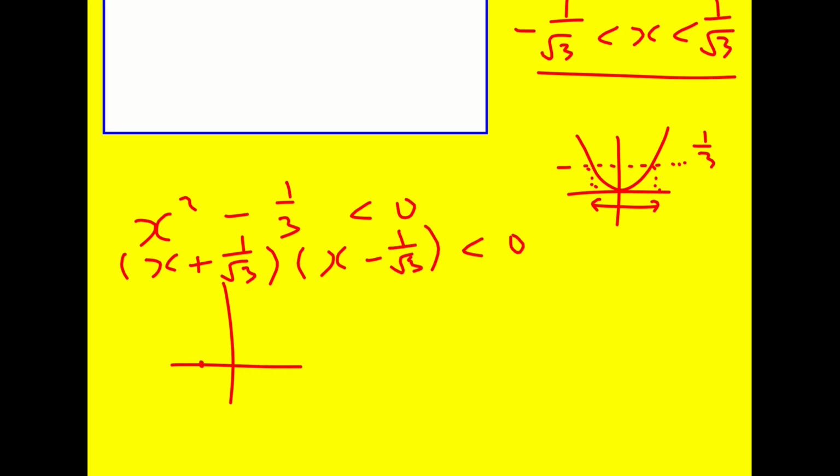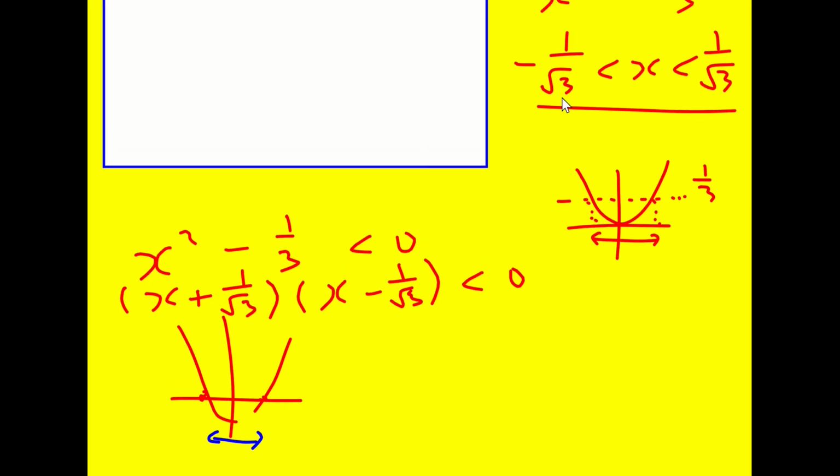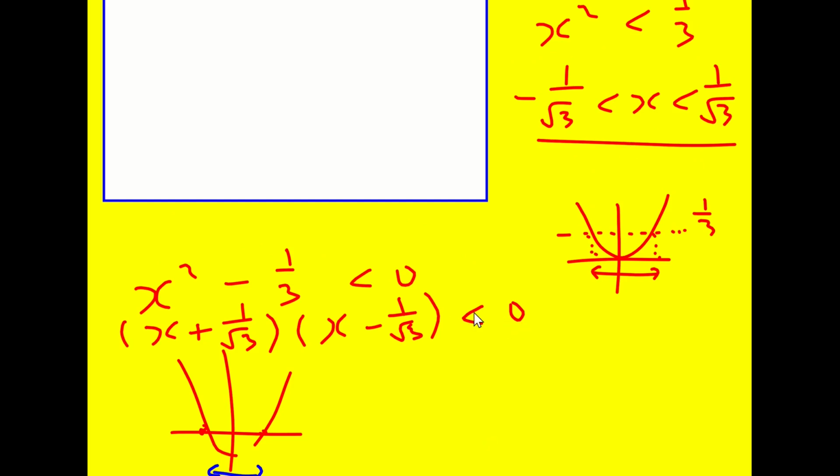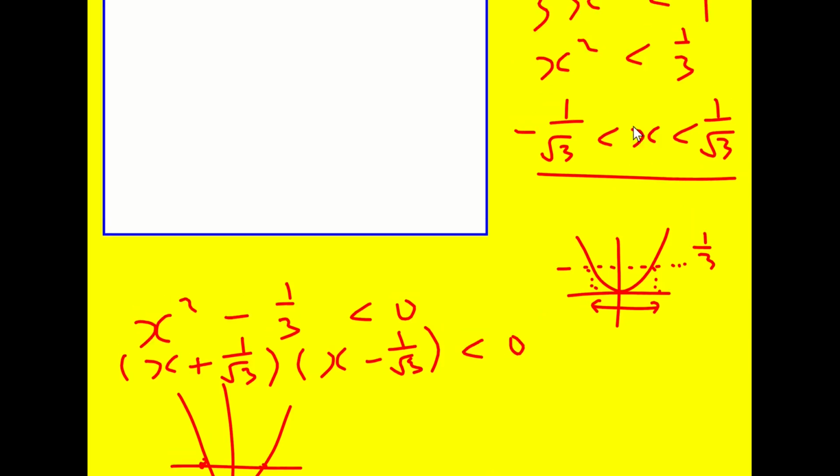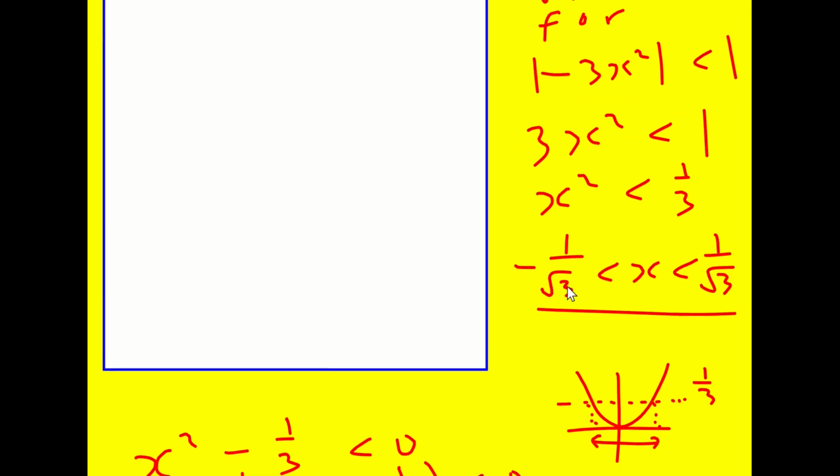So that tells you your roots of the equation. It's going to go under the graph. Where is it less than 0? It's less than 0 in this interval. So the roots are going to be 1 over root 3 and minus 1 over root 3, and the answer is going to be that it lies between those values. So sorry, I think I did a better job that time of explaining where this comes from. In any case, this is the answer.